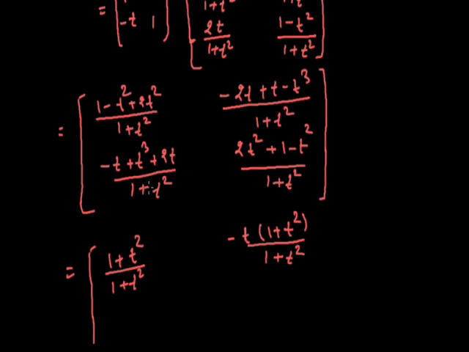Here again 2t minus t is t, so take t common, 1 plus t square upon 1 plus t square. Now here the 2t square minus t square is t square plus 1 upon 1 plus t square.